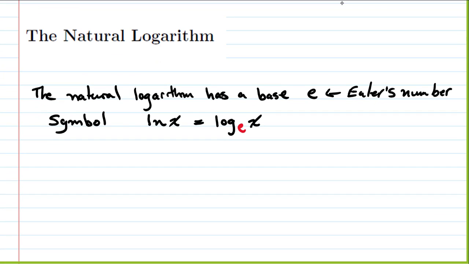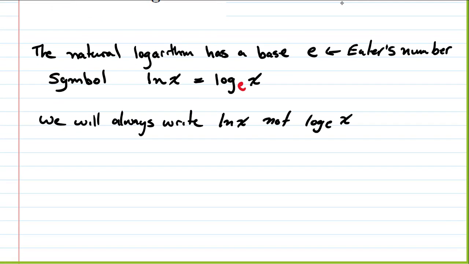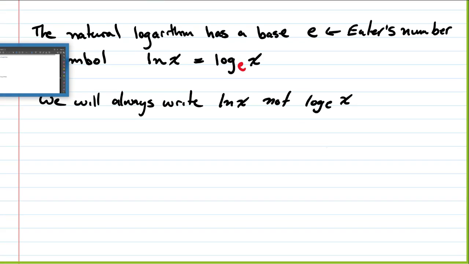So we will always write ln x, not log base e of x. The natural logarithm gets its own symbol, and that symbol is ln. And it just stands for the logarithm with the base of e.